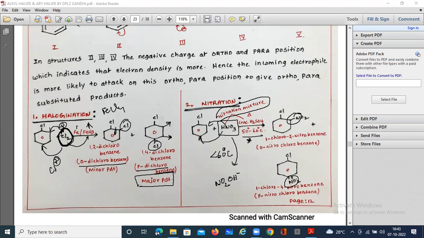This one is para nitrochlorobenzene. Clear? So according to this, which one is the major product? Obviously this one only.